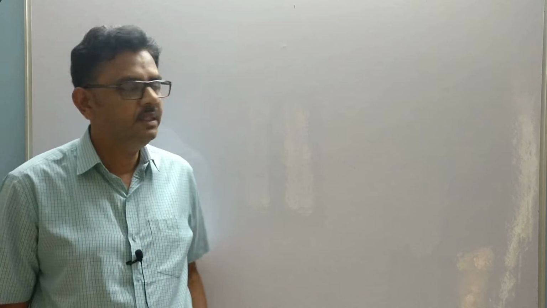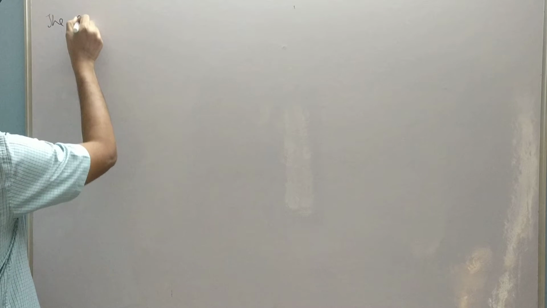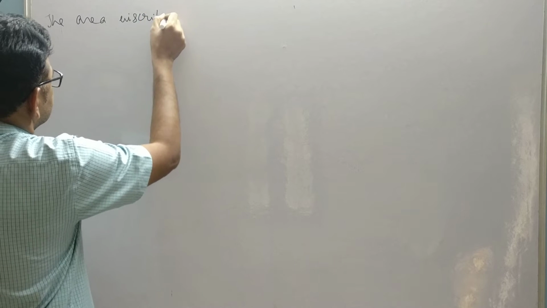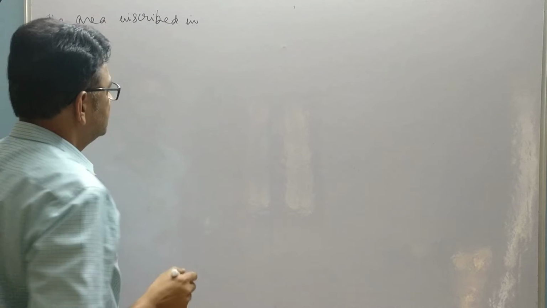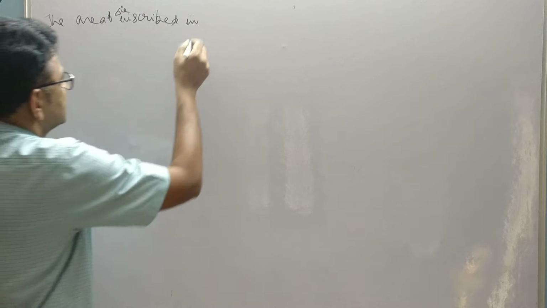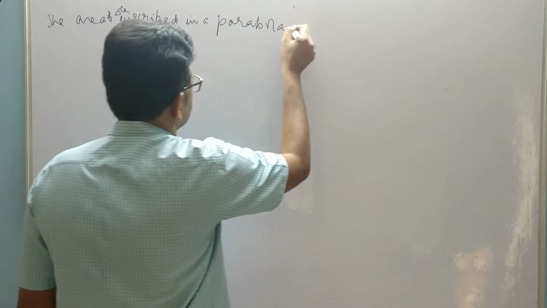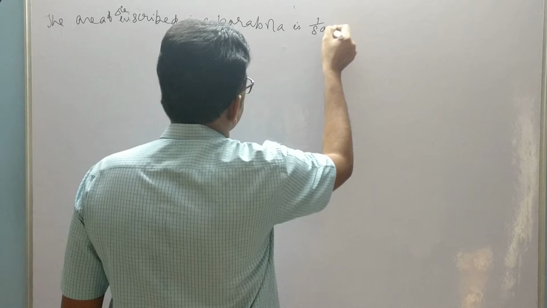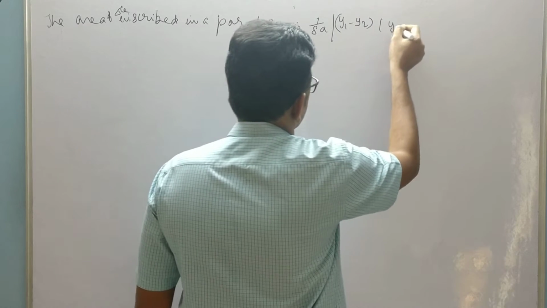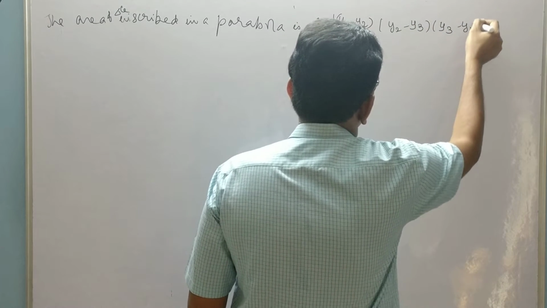Now write down the area of triangle inscribed in a parabola is 1 by 8a into mod of (y1 minus y2) into (y2 minus y3) into (y3 minus y1).